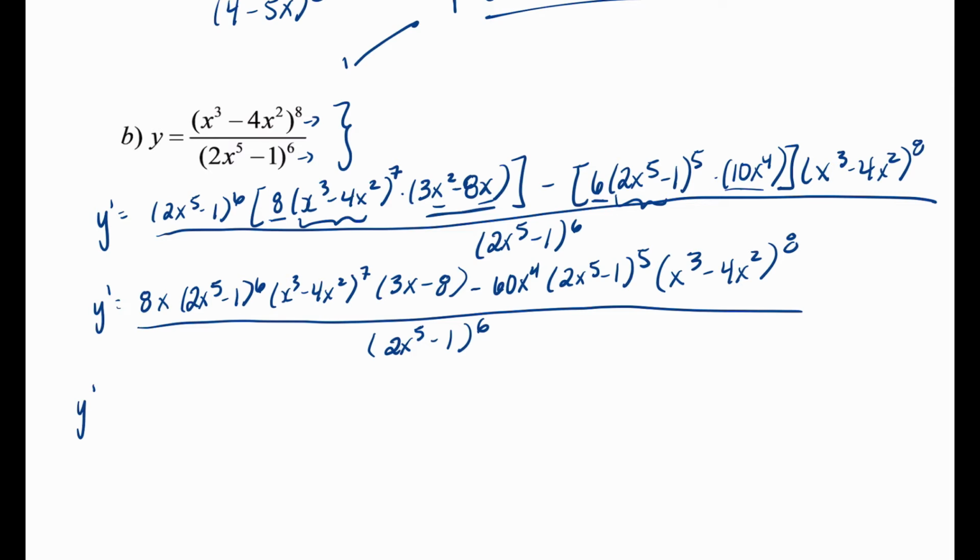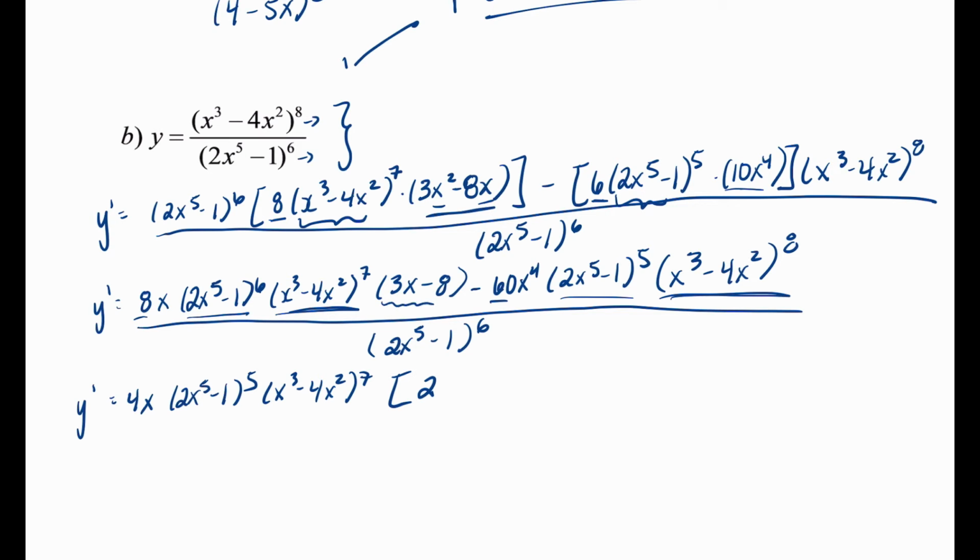So I know y prime is going to be equal to, I have a 4 that can come out from this, as well as an x. I have 2x^5 - 1 in both terms, so that's going to come out as a power of 5. And I have this in both terms, so that's going to come out as a power of 7. Left behind from that, I have a 2.